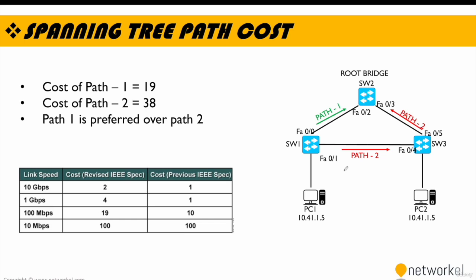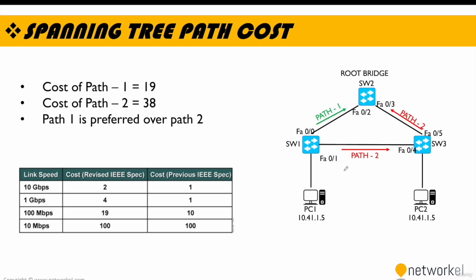Spanning tree path cost is a value used by spanning tree protocol to determine the best path from a switch to the root bridge. Okay, so each interface on a switch has an associated cost based on its speed. So for example, a link with 10 megabit per second has a cost of 100.